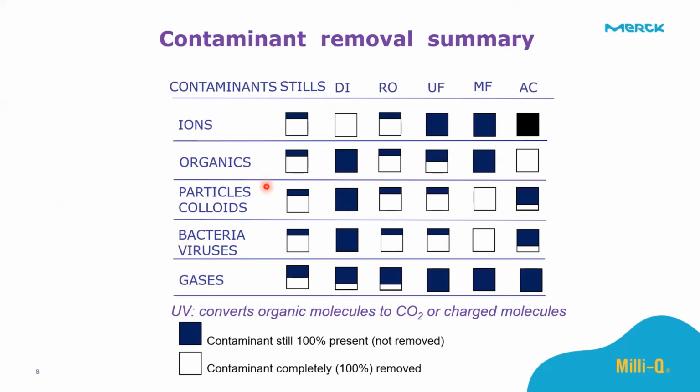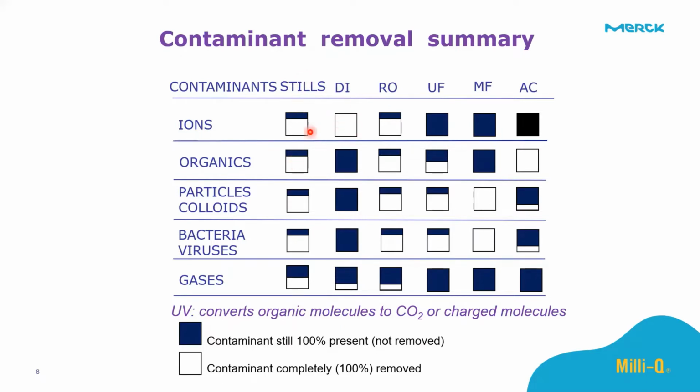And here we have a complete black box that shows, when it is fully shaded, 100%. So this contaminant has not been removed. For example, organics cannot be removed by deionization, so they are completely not removed. Ions are completely removed by deionization.